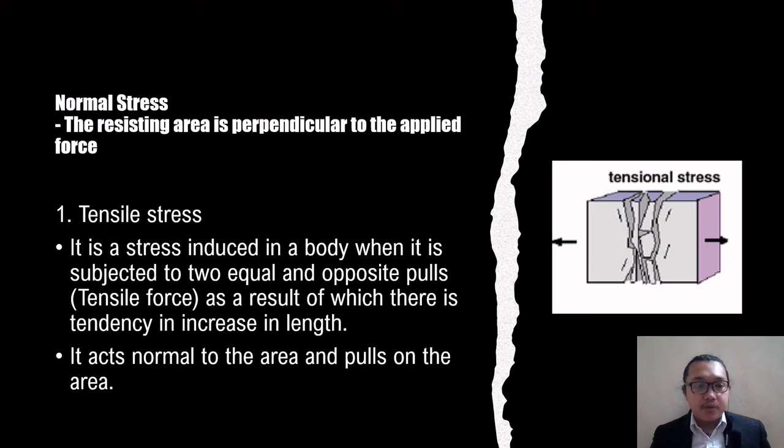One of the normal stresses is tensile stress. Tensile stress is induced in a body when it is subjected to two equal and opposite pulls, tensile force, as a result of which there is a tendency to increase in length. It acts normal to the area and pulls on the area.